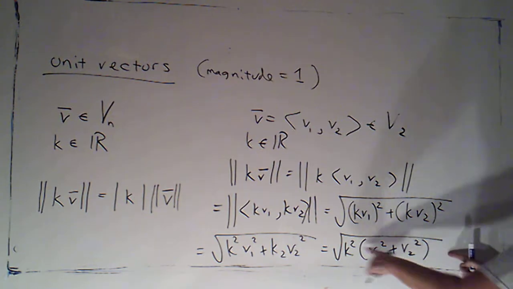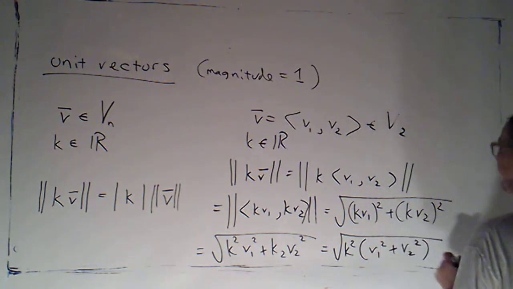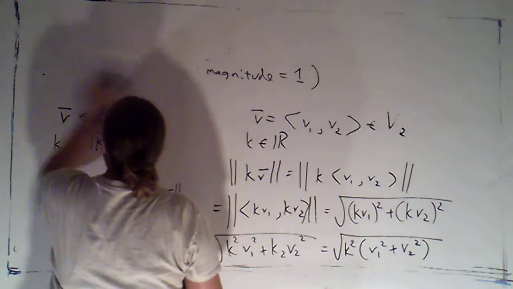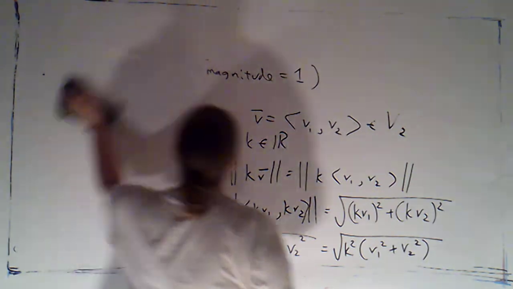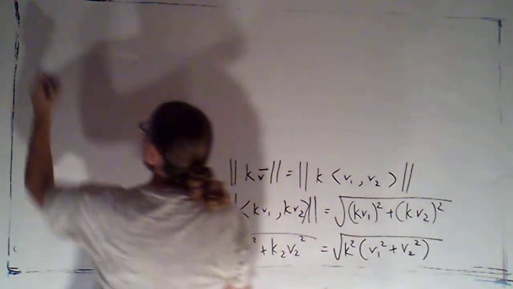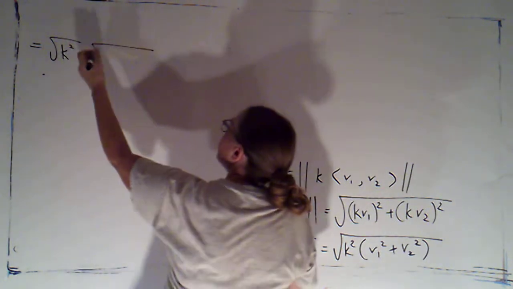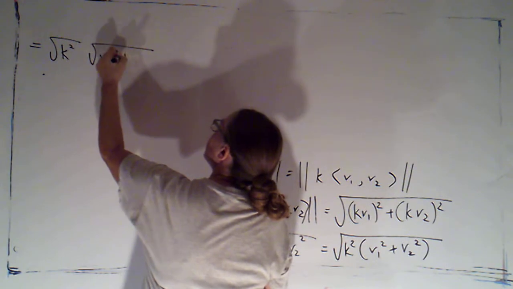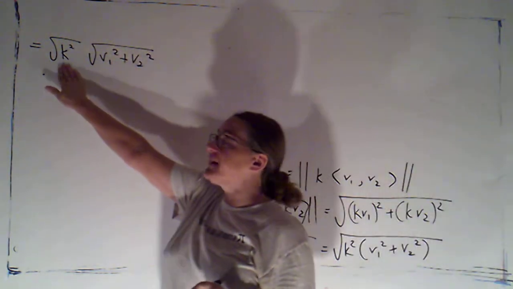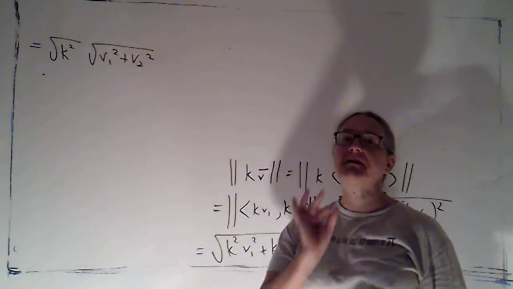Now, square roots distribute over multiplication. So I'm just going to continue over here. So I can say that's the square root of k squared times the square root of v1 squared plus v2 squared. Here's where I need to be very careful. A lot of times people want to say the square root of k squared is k. That is wrong.